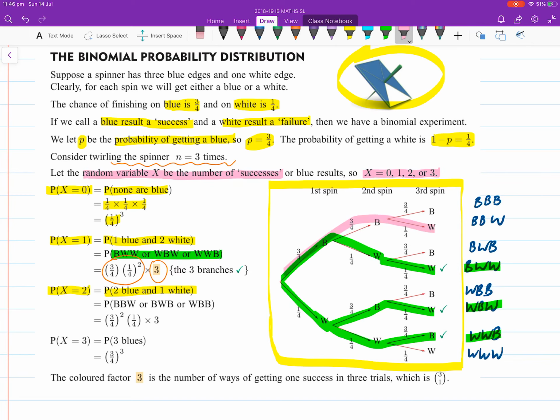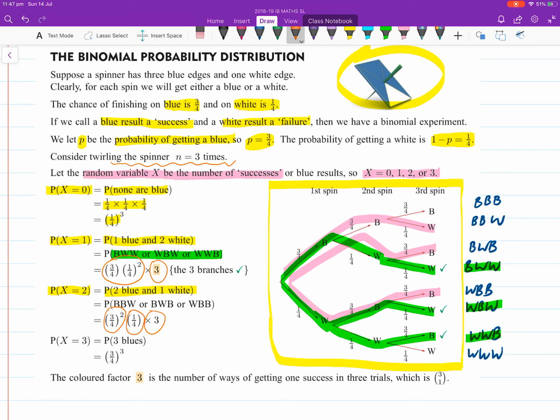So there, 2 blues and a white, there and here. Again, same idea, but because you got 2 blues, it's going to be 3/4 times 3/4 somewhere along that line times 1/4 for the white. But there's 3 different ways of getting it, so that's why you've got times 3.